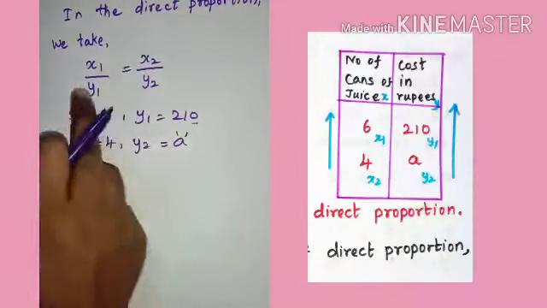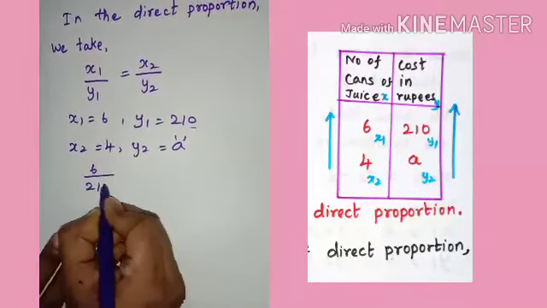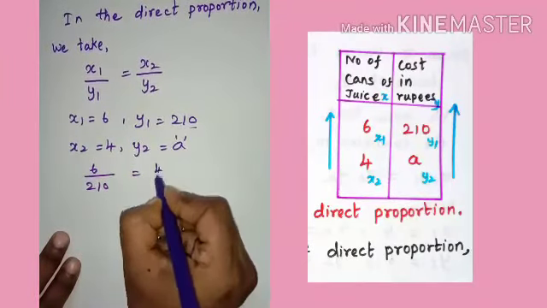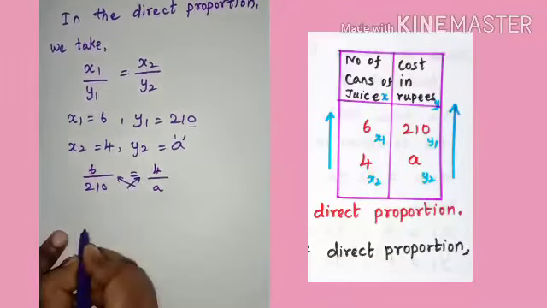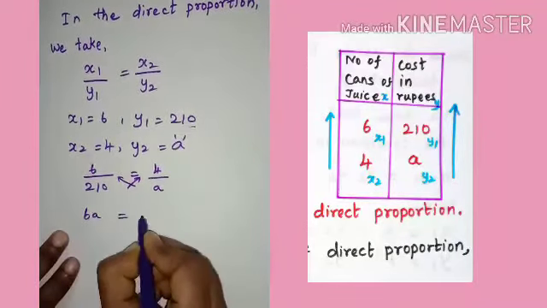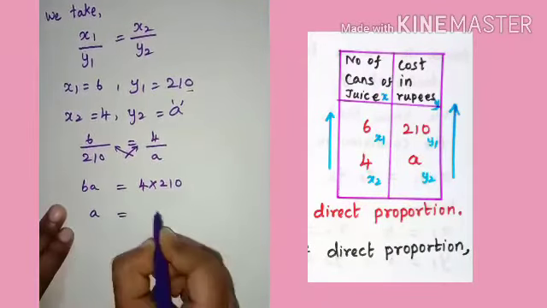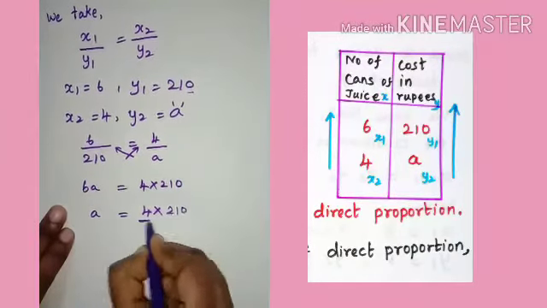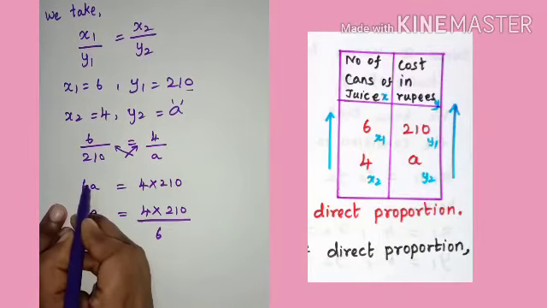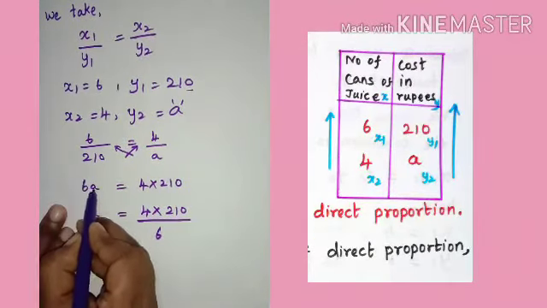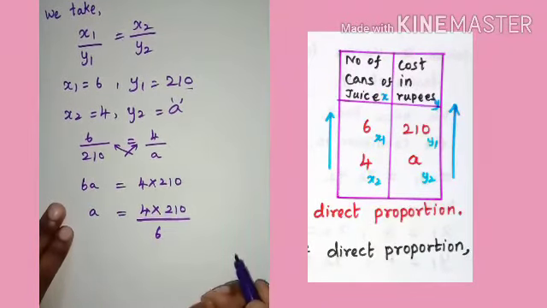So now substituting all the values, we get 6 divided by 210 is equal to 4 divided by a. Now by cross multiplication we get 6a is equal to 4 into 210. Now a is equal to 4 into 210 divided by 6. Here 6 is in product with a, so when it crosses the equal to sign, it goes to the other side and becomes 1 by 6.